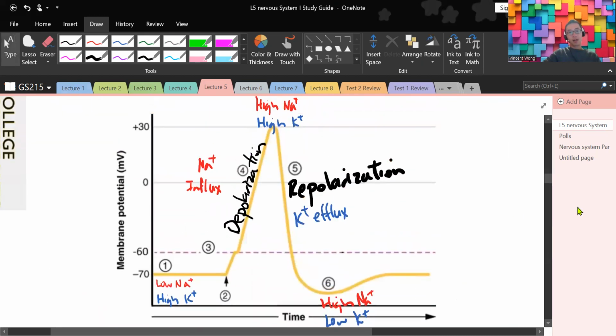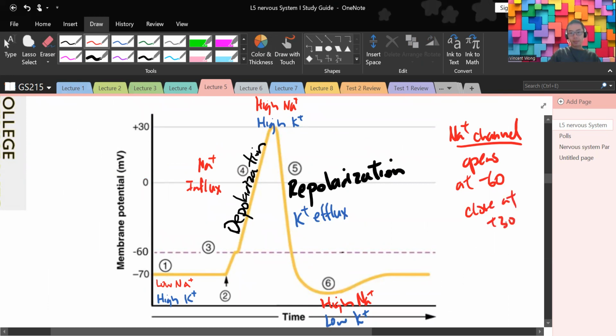Let's go back to the graph and see why. Okay, just take a look at the graph here. Sodium channels, if you remember, open at minus 60 and close at 30, right? So look, we cross the threshold, the sodium channels open, and then the sodium channels close. But on the way down, due to the efflux of potassium, we actually go past minus 60 again, right?